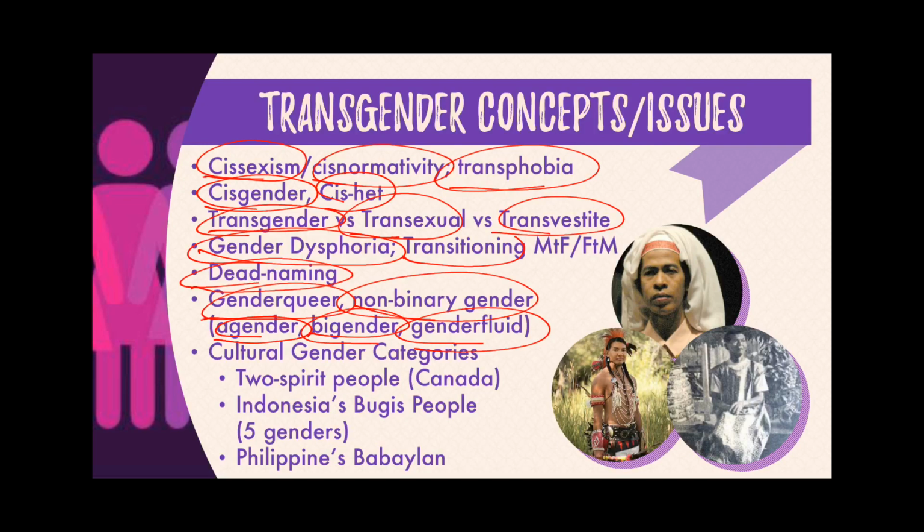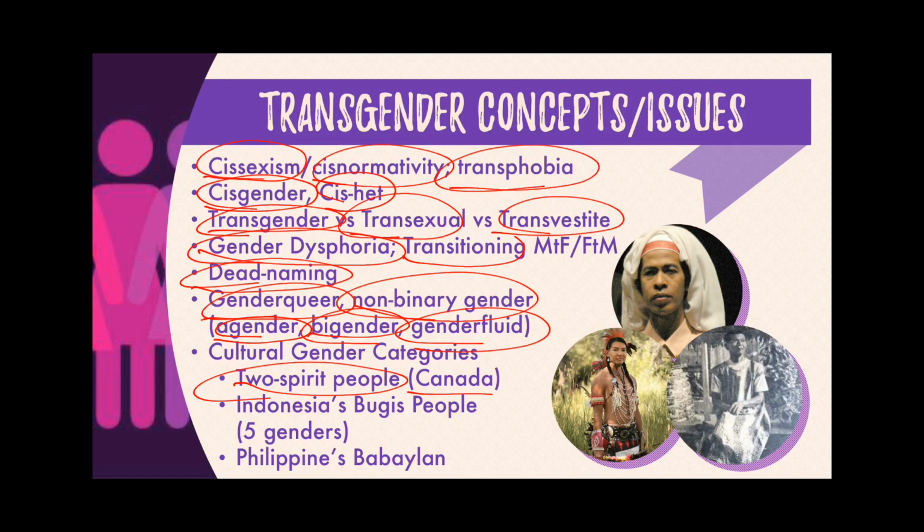transgender issues also include cultural categories of sex and gender, such as, for example, the two-spirit people, which are found in Canada. So again, the two-spirit people is sometimes put under the umbrella of genderqueer, but two-spirit people say, no, we are our own identity, and two-spirit is a gender category among indigenous peoples in Canada, wherein they have both the spirit of being male and female.